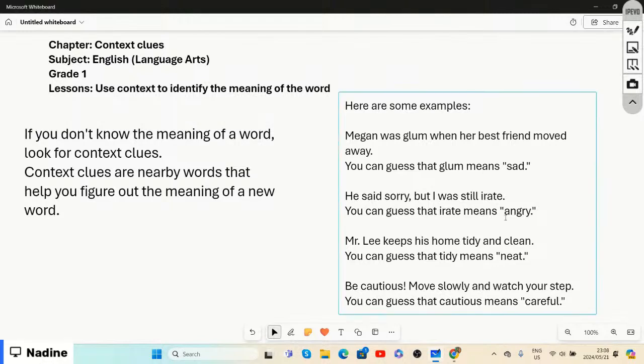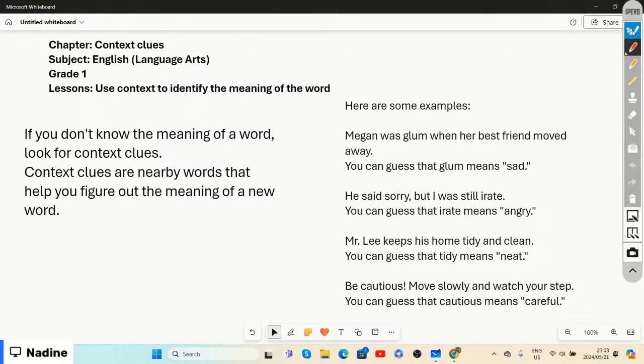Even if we don't know what glum means, think of your friend moving away. How would you feel if your friend were to move away? You would feel sad. So basically, we can guess that glum means sad.